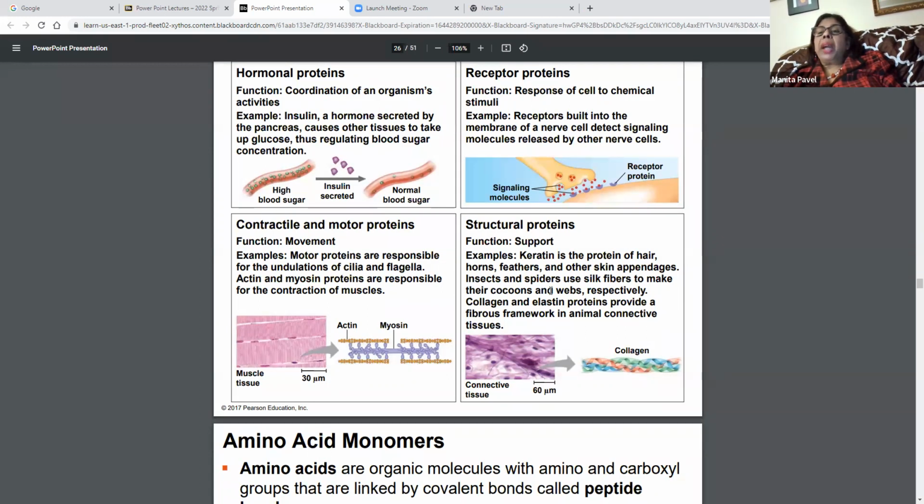Also, insects and spiders, they use silk fibers to make their cocoons and webs. Collagen and elastin are also structural proteins that provide the fibrous framework in animal connective tissue. So you can see collagen protein here.